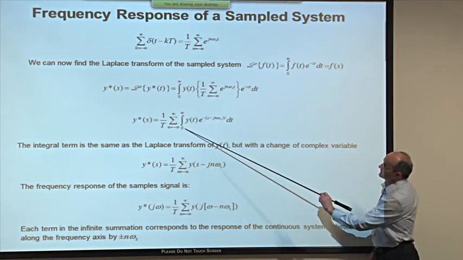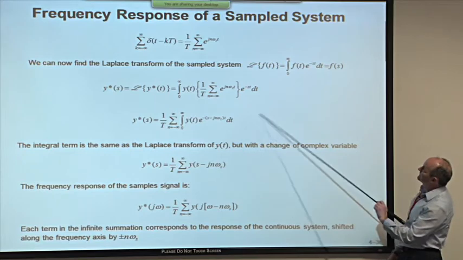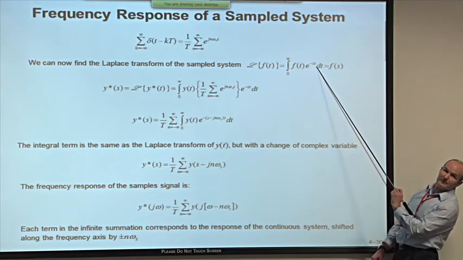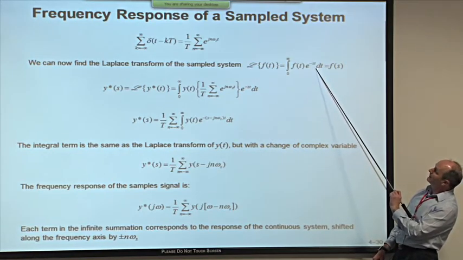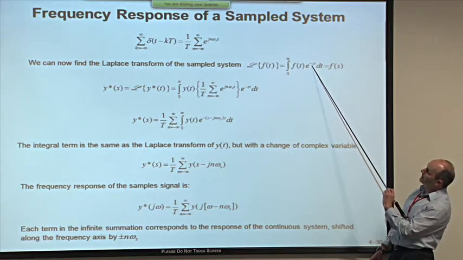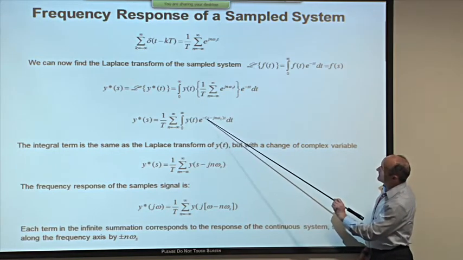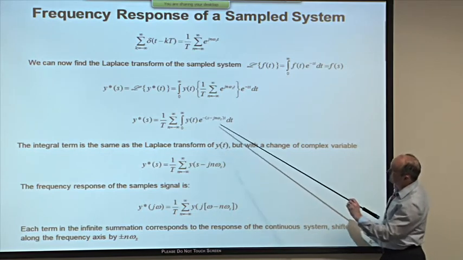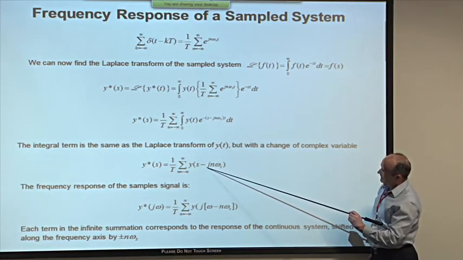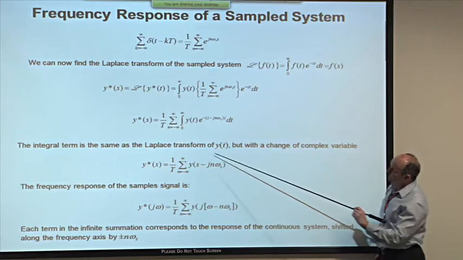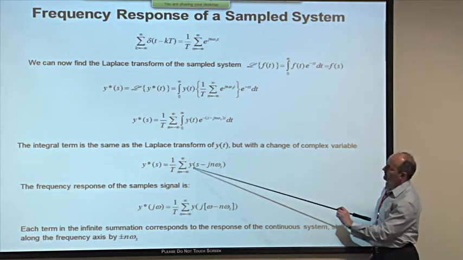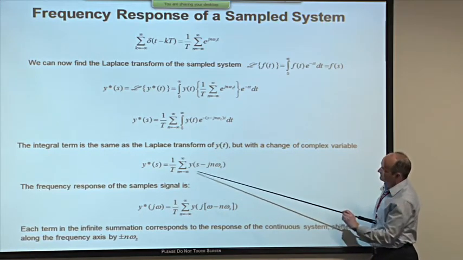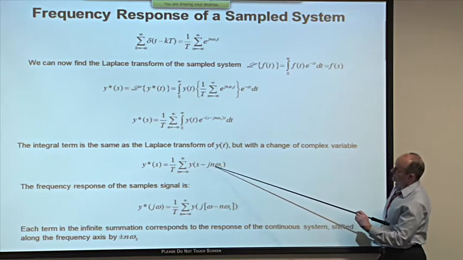Now, if you look at the integral here, it's almost exactly the same as the Laplace transform. Almost. The only thing that's different is the complex variable. Instead of s, it's s minus jn omega s. So let's call it a Laplace transform, but with a different complex variable. What I have is an infinite series of Laplace transforms now, each term divided by T, and the complex variable is slightly different.